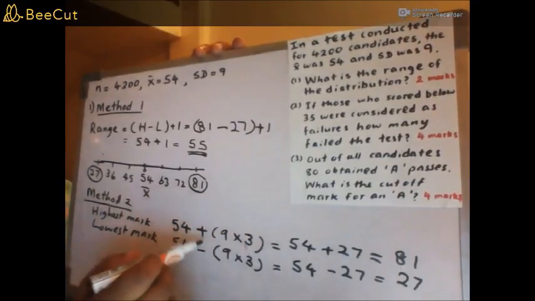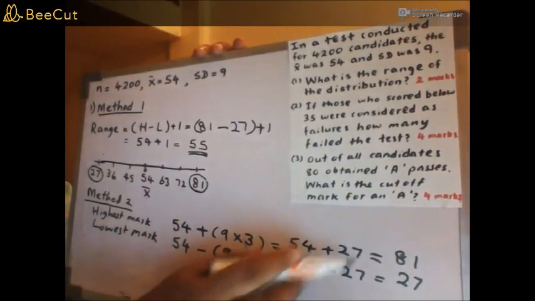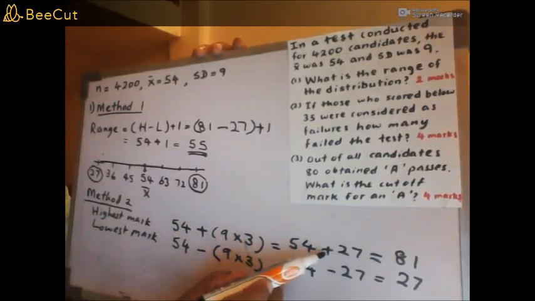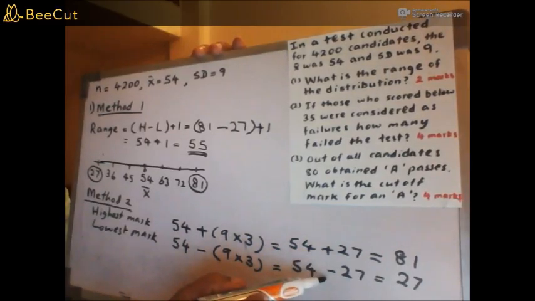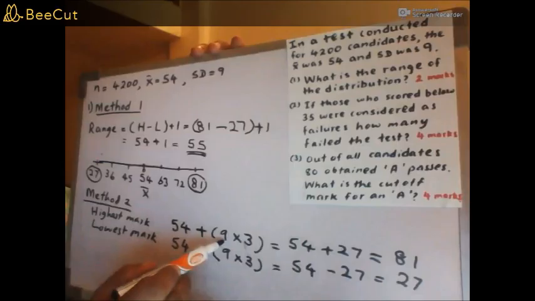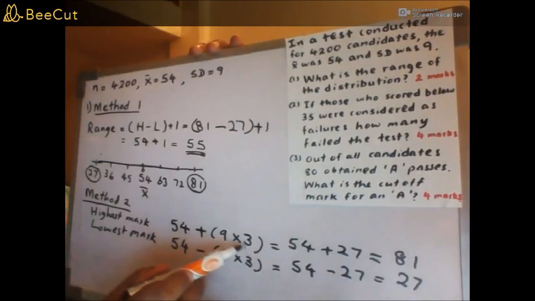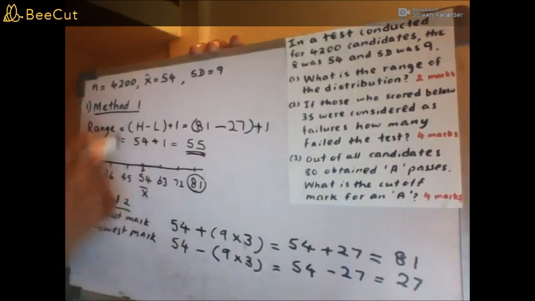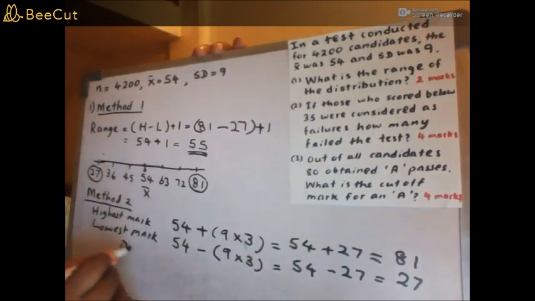Here you can see the difference. Same value 27 for the highest one, plus; here minus. Whatever the standard deviation, you have to take it 3 times. Then same formula: range equals highest minus lowest plus 1.